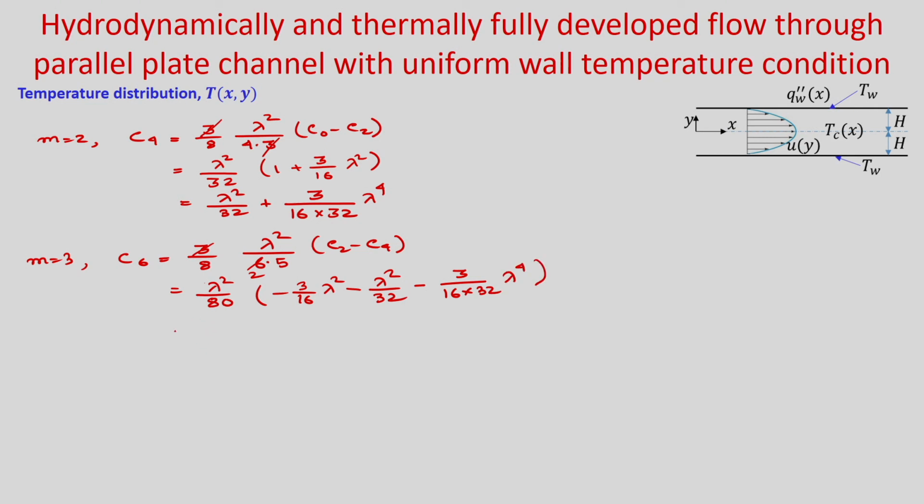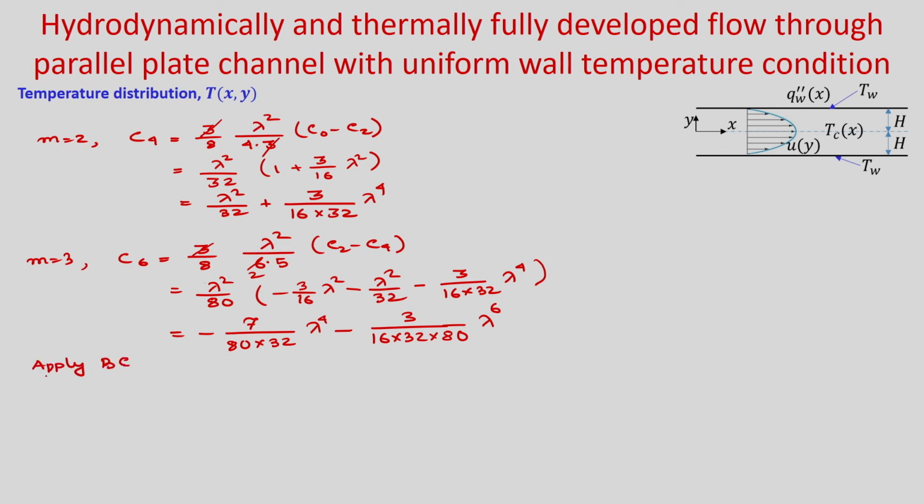If you rearrange it, you will get minus 7 by 80 into 32 lambda to the power 4 minus 3 divided by 16 into 32 into 80 into lambda to the power 6. So, now let us apply the another boundary condition at y star is equal to 1, theta is equal to 0.